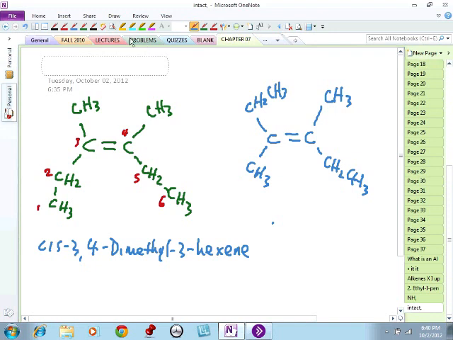And so this becomes trans 3,4 dimethyl 3 hexene.